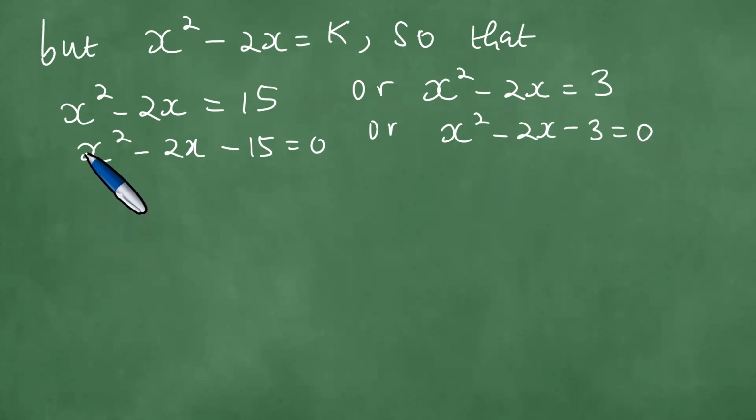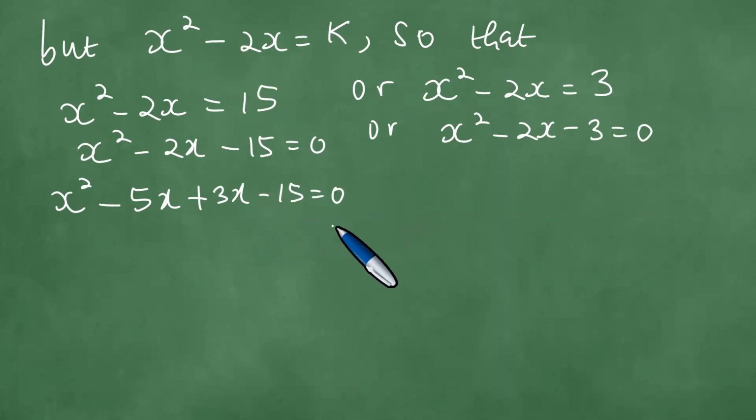We look for two numbers. If we multiply the x squared and the minus 15, we get minus 15x squared. And so we look for two expressions whose product is minus 15x squared, but whose sum is minus 2x. And those are exactly minus 5x plus 3x minus 15 equals 0.